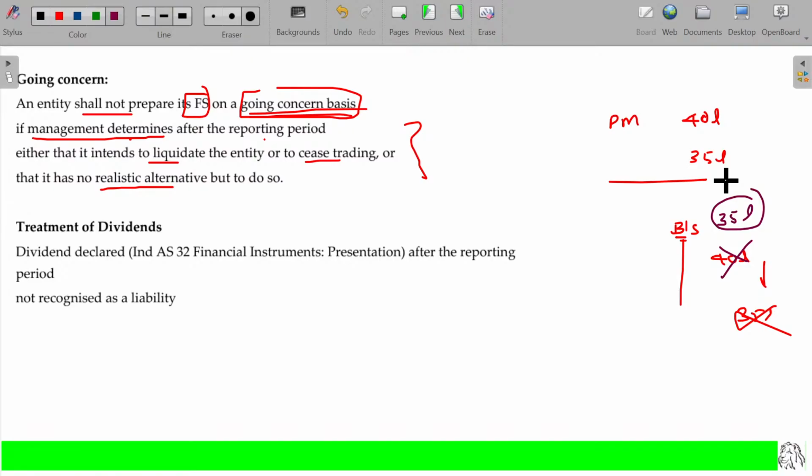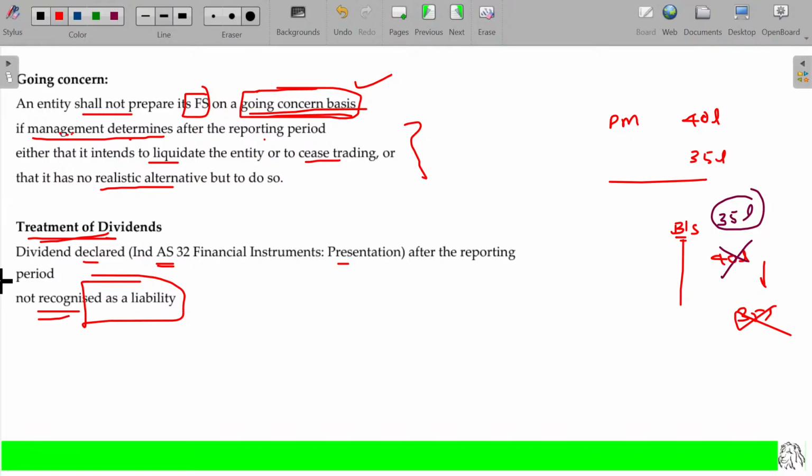If you're supposed to close in a matter of 1 or 2 months, then you have to show all the assets at the distressed price or NRV only. Usually going concern basis applies, but in this case you cannot show at cost value. Treatment of dividends: dividends declared, as per Ind AS 32 Financial Instruments: Presentation, after the reporting period are not recognized as a liability.